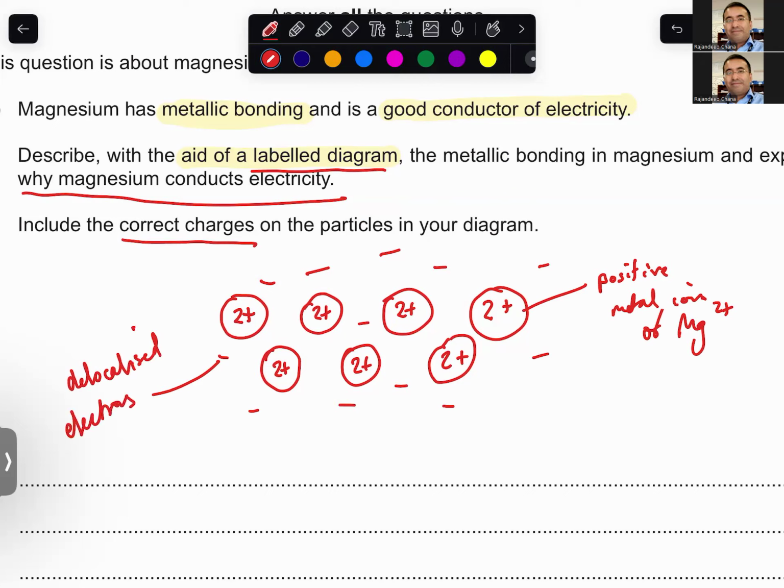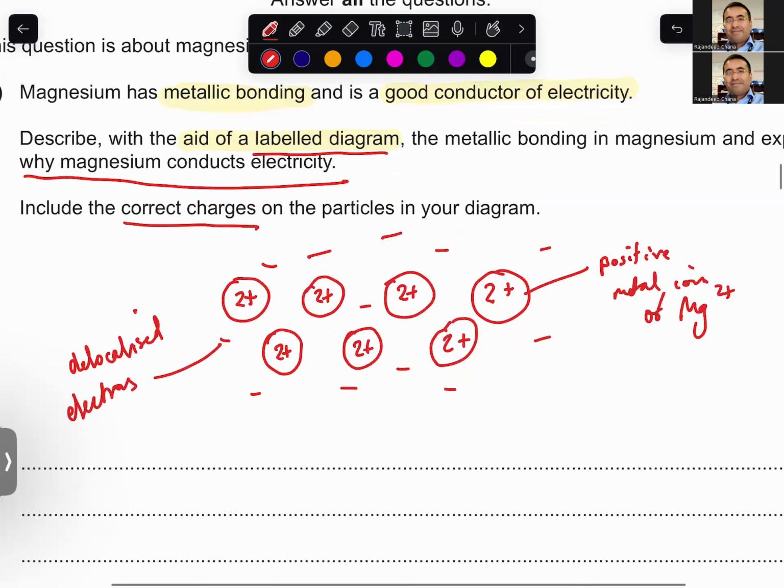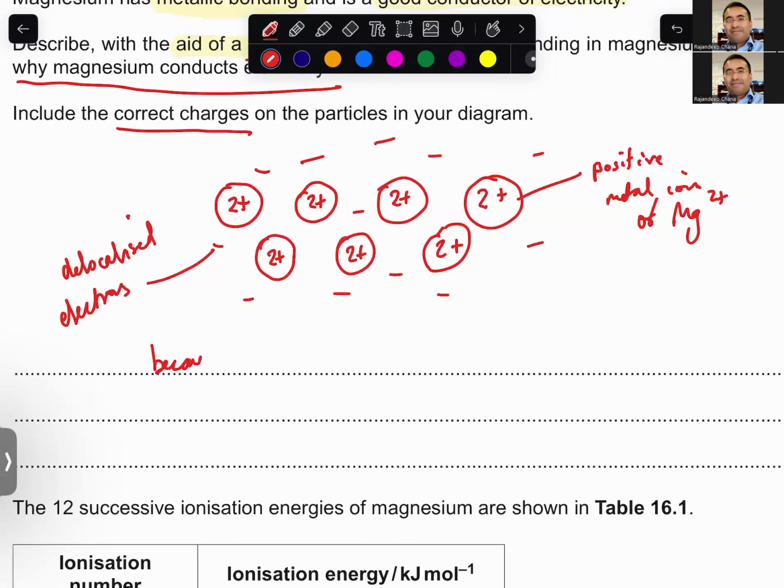And why does magnesium conduct electricity? Because the delocalized electrons can move or are mobile, which means the same thing.